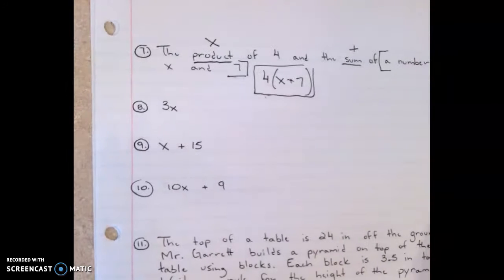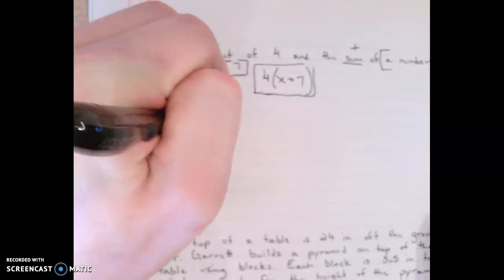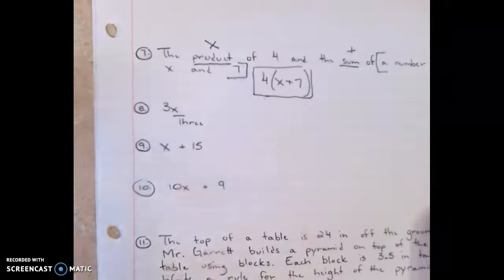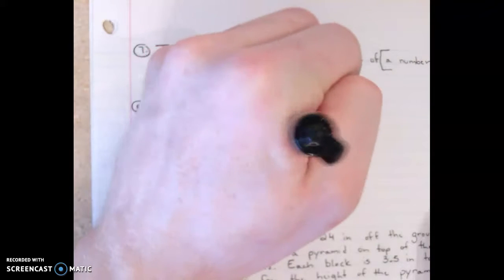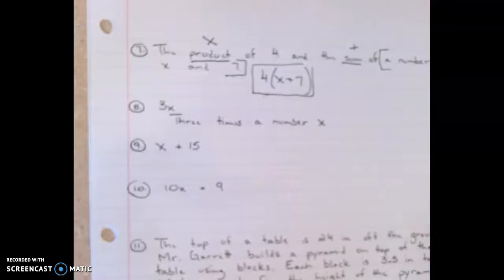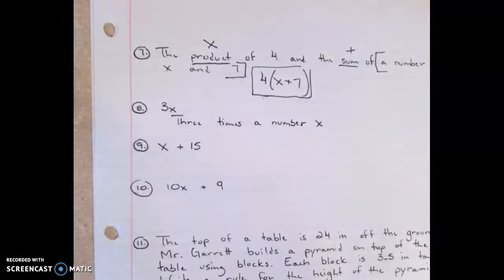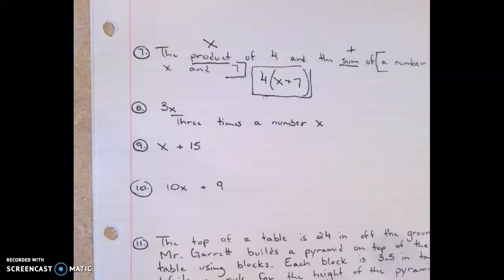So if I were to write this out, it would be 3 times, and we're not going to write the number 3, we're going to write the word 3, 3 times, and what are we multiplying by? We're multiplying by a number x. And we have to do that because we have to show that we're multiplying it by that variable, and that variable is a number. It's not anything that's irrational, it's not an imaginary number, it is a number x.